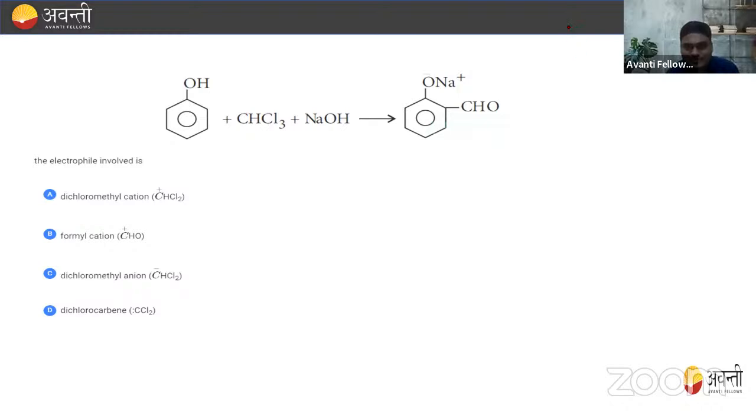Nobody remembers? Okay beta, this is the Reimer-Tiemann reaction; we already discussed this reaction in the previous class.